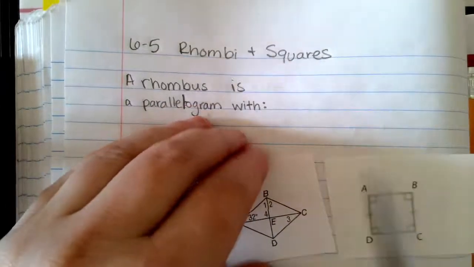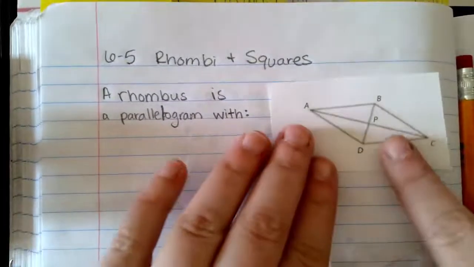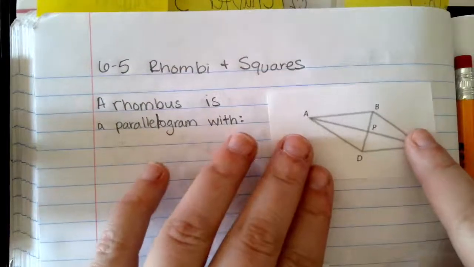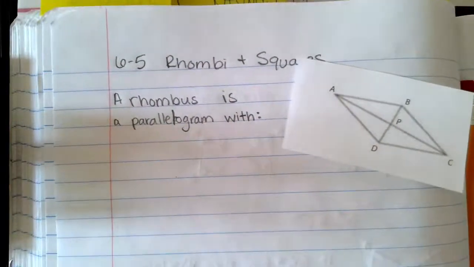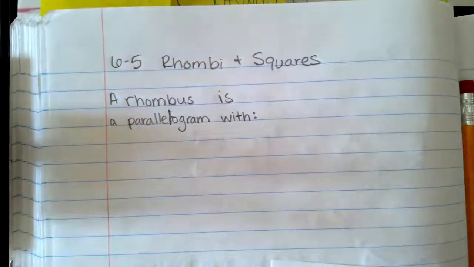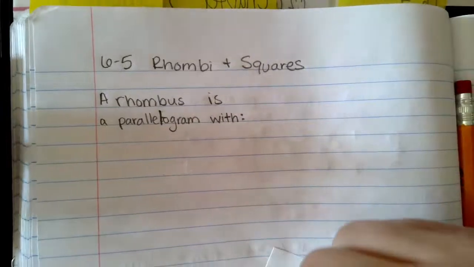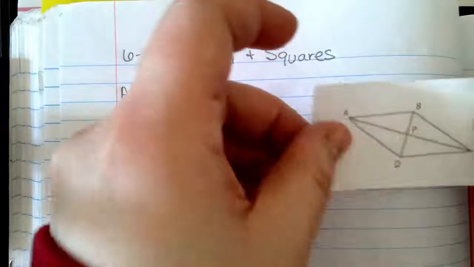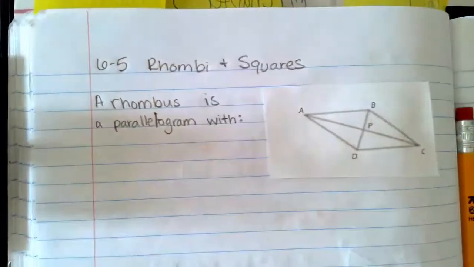We're going to start with this bigger rhombus, and we are going to glue it in right here, so it's next to our drawing. So go ahead and glue in that big ABCD one. It has the middle point of P.